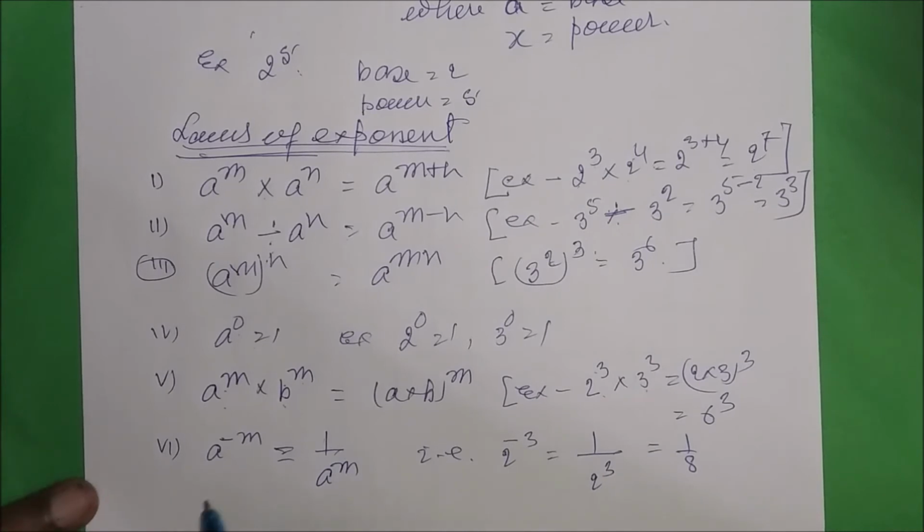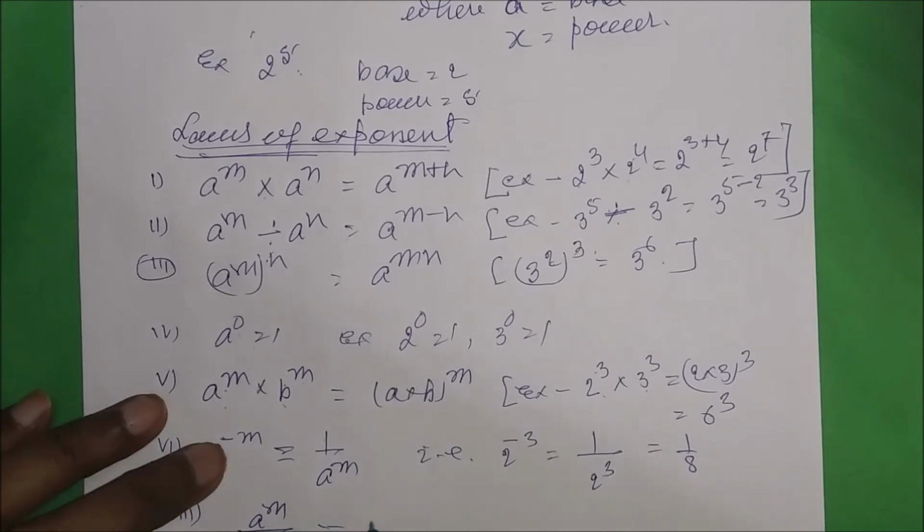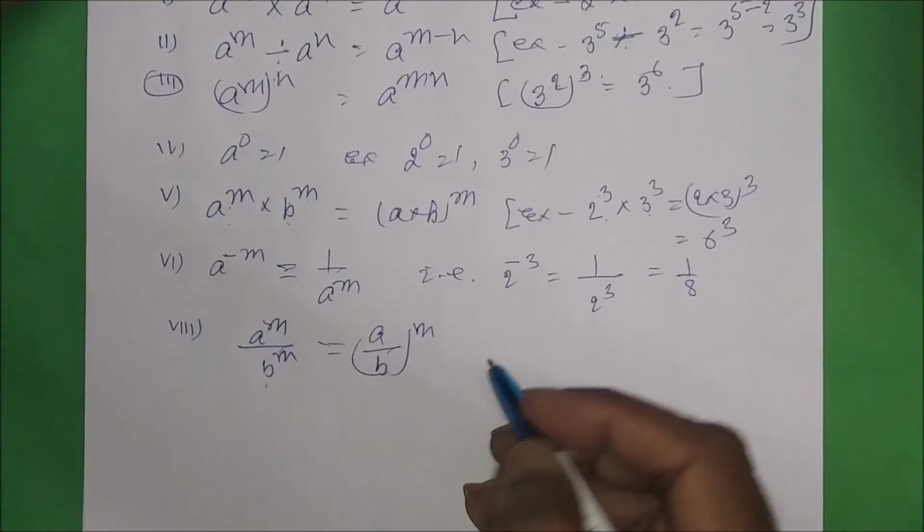One more is there, simple. a to the power m and b to the power m in division, a to the power m by b to the power m. The power is the same, so we write a by b, whole to the power m. Is it clear?